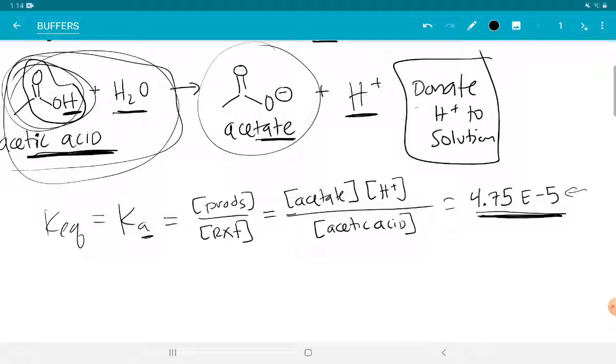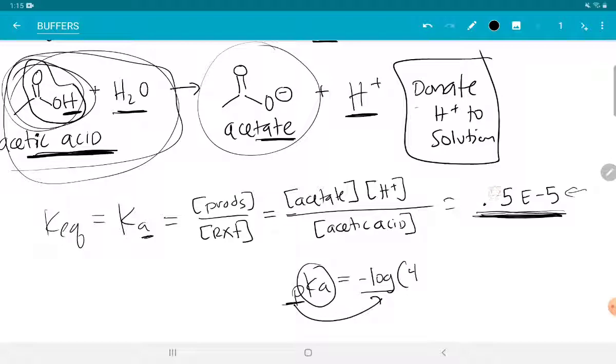These numbers are hard to visualize, though, so what we can do is talk about the pKa of this value. And remember, lowercase p just means take the negative log of whatever. So I'm going to take the negative log of the Ka, and that is, it's not 4 point, it's 1.8.